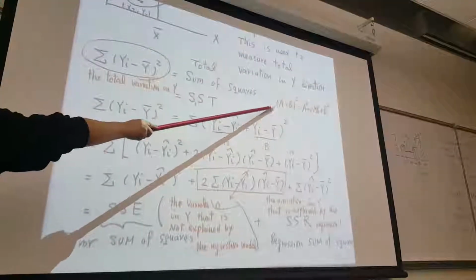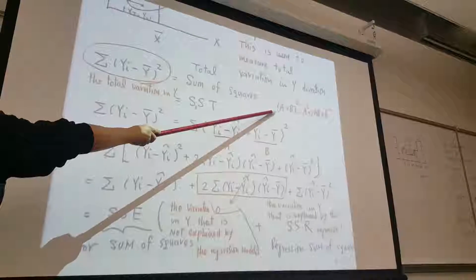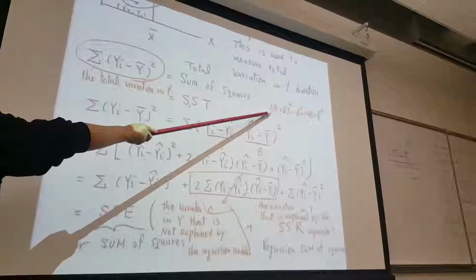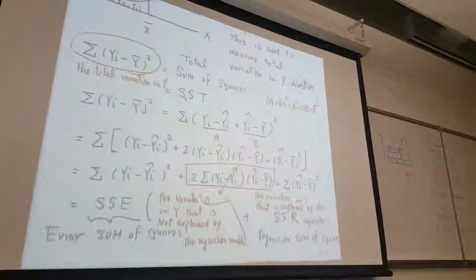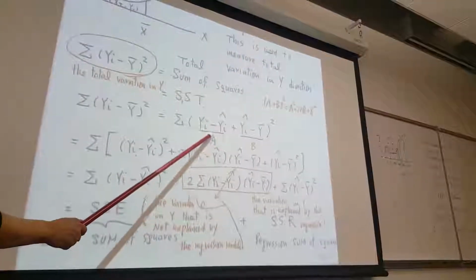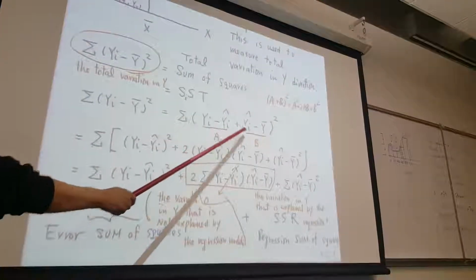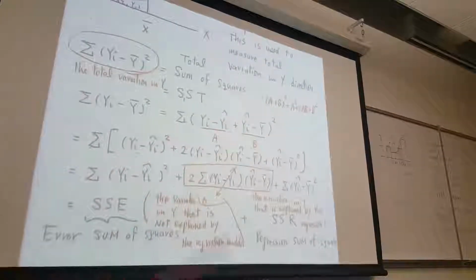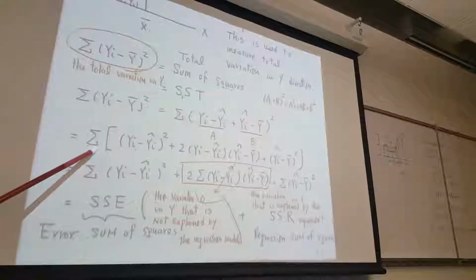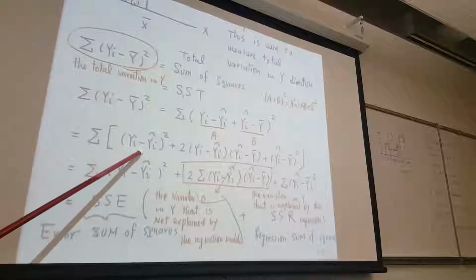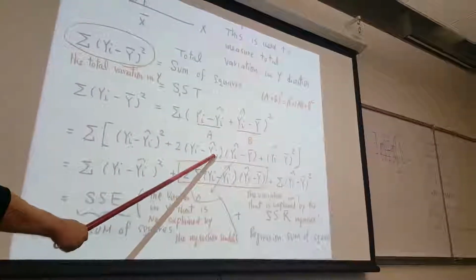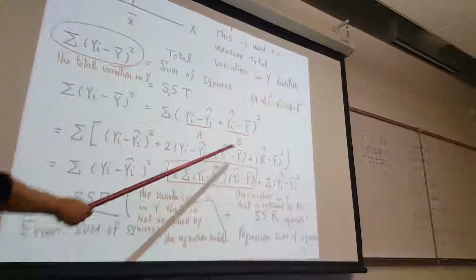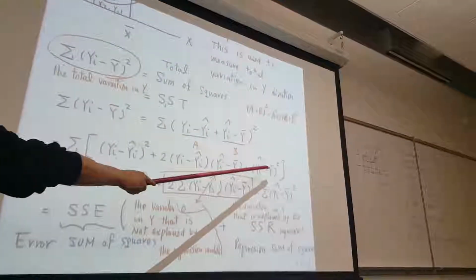Now, in middle school, you learned this. This is called the formula of the perfect square. A plus b squared is equal to a squared plus 2ab plus b squared. So if I call this term a, I call this term b, okay? So this is the summation of yi minus yi hat squared plus 2ab, plus b squared.